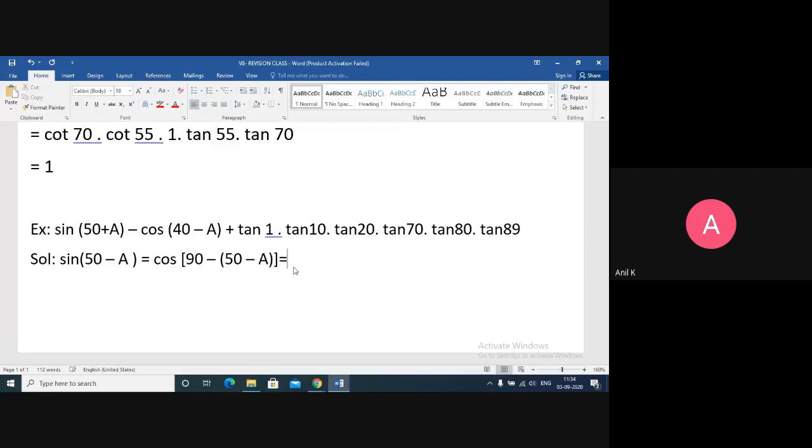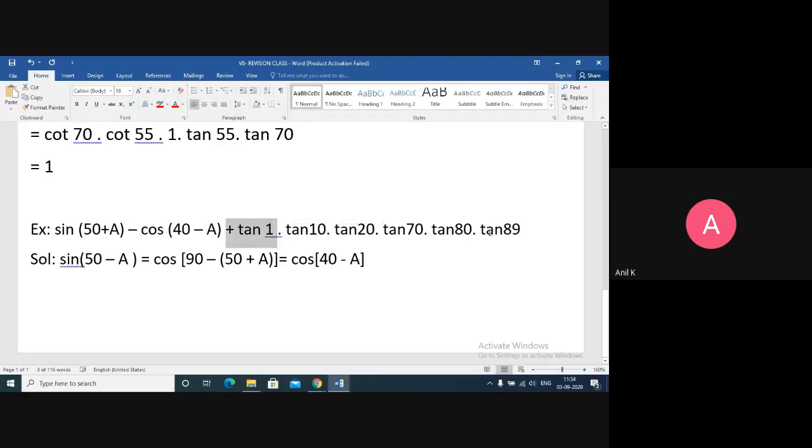So we can write this as cos 90 minus 50 is 40, and sorry, this is not minus a. Minus into plus is minus, so now I'll get minus. I got sin 50 plus a as cos 40 minus a. So you already have minus cos 40 minus a, both will get cancelled.